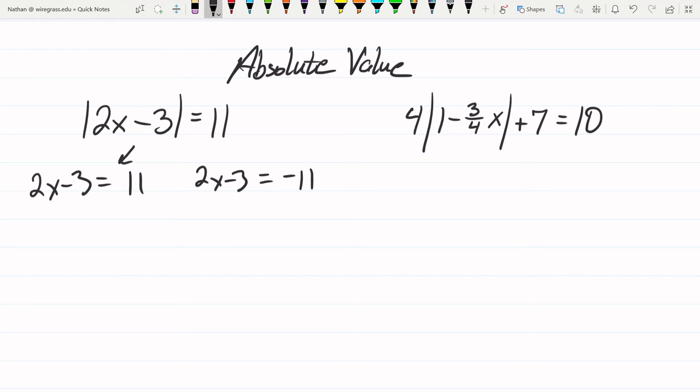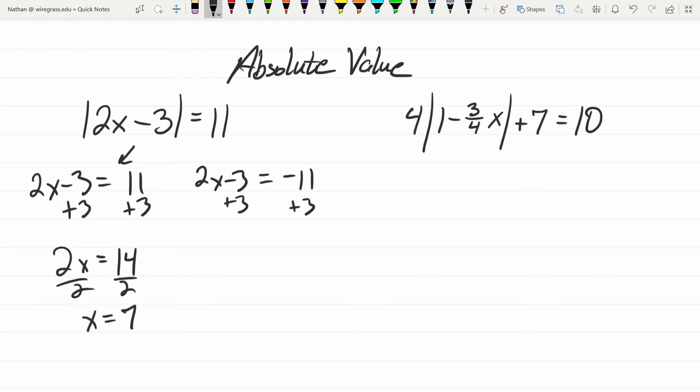So get the variable by itself, and you'll have your answers. I'm going to add 3. Again, this is the same thing for both of them. We have 2x equals 14. x equals 7. And then on this side, we have 2x equals -8 divided by 2. And we have x equal to -4.